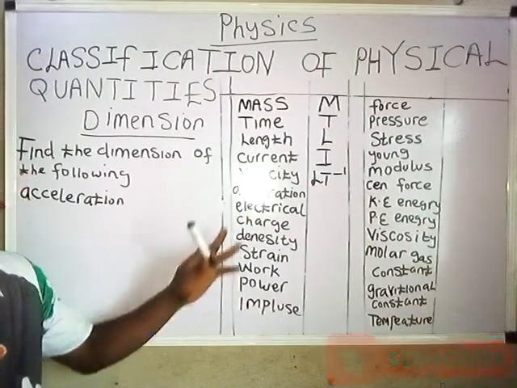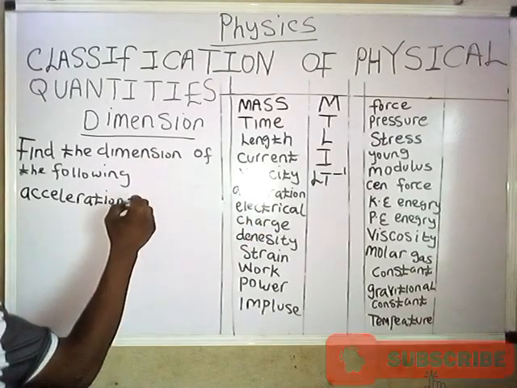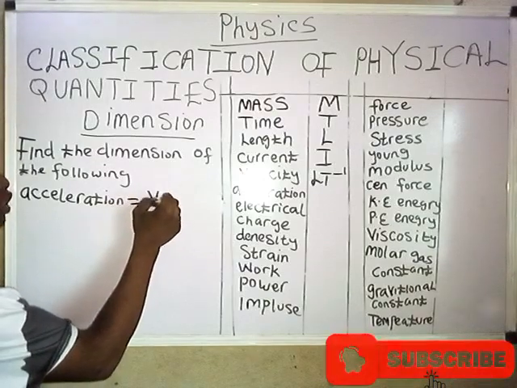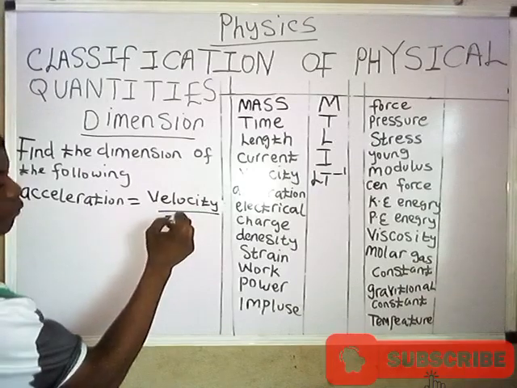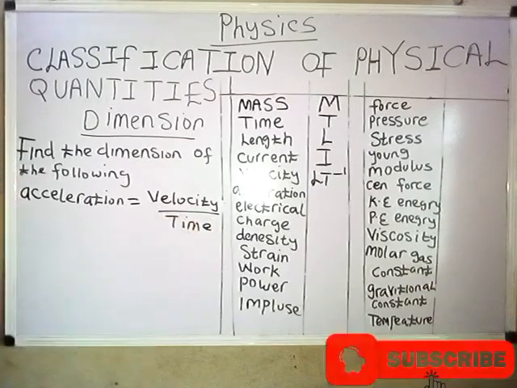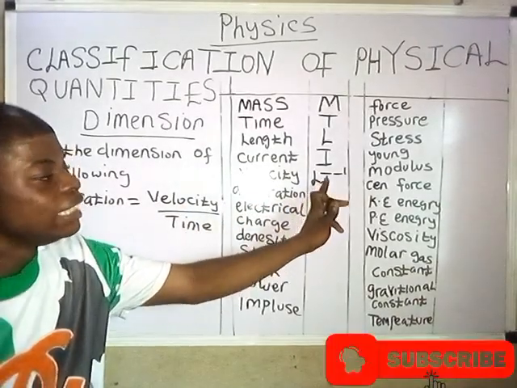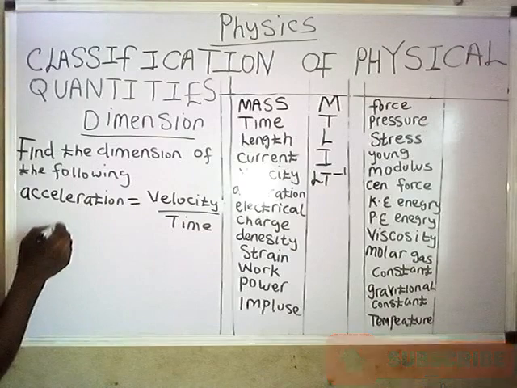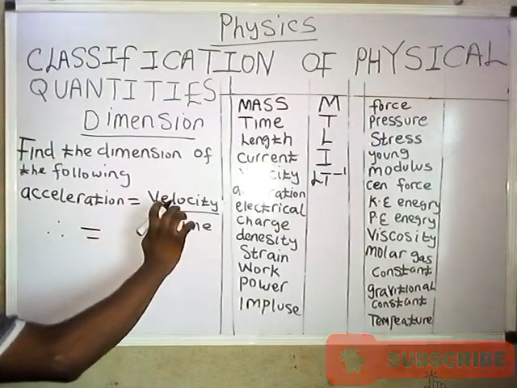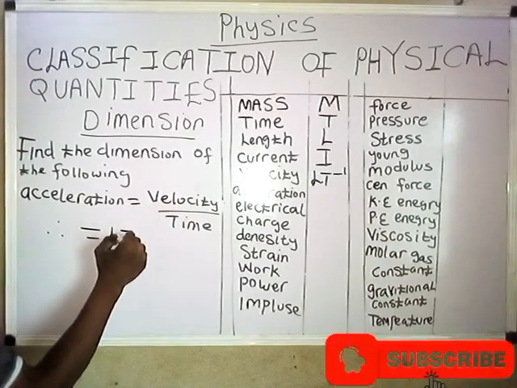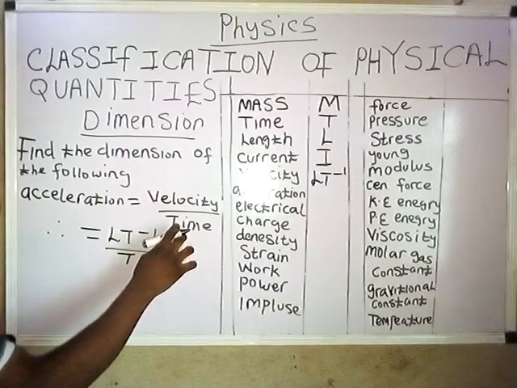Okay guys, let's solve for the dimension of acceleration. Acceleration is the change of velocity with time. Earlier I gave you the dimension of velocity, which was L T inverse. So the dimension of acceleration equals the dimension of velocity, L T inverse, over T, which is the time.